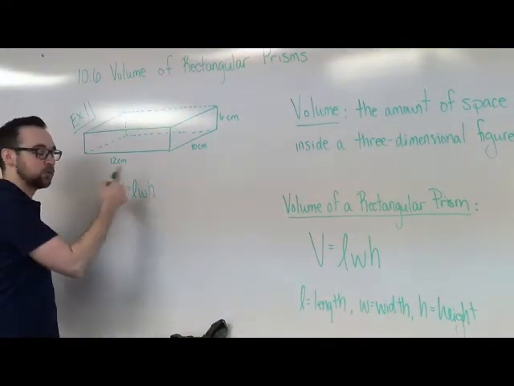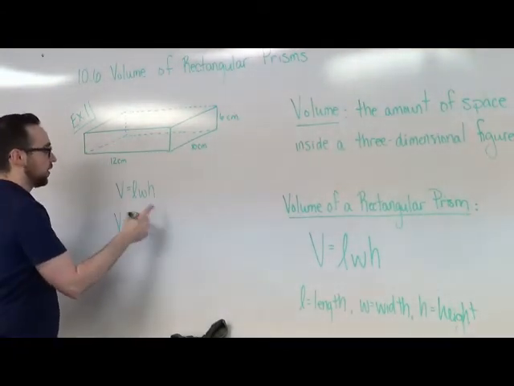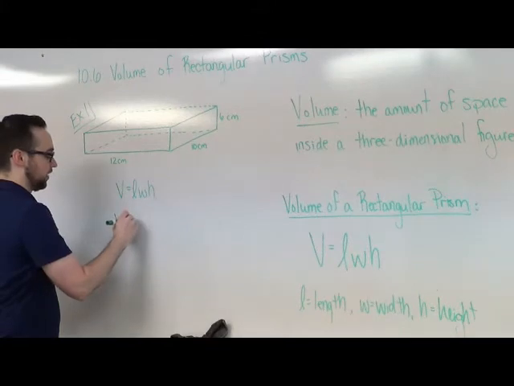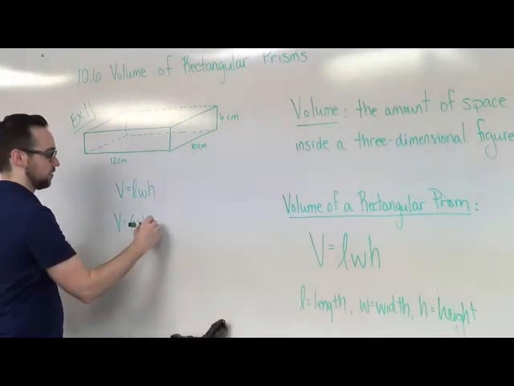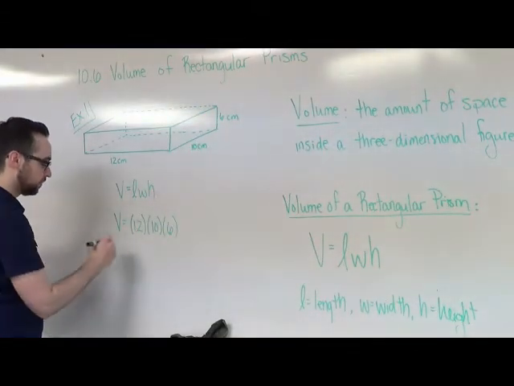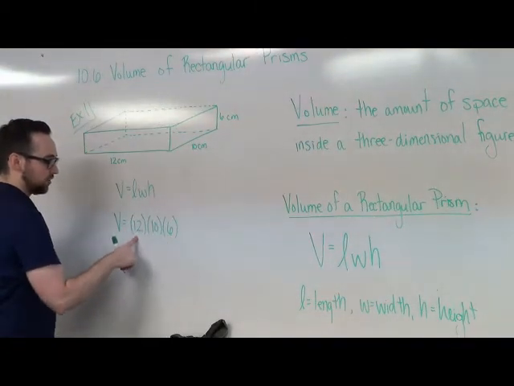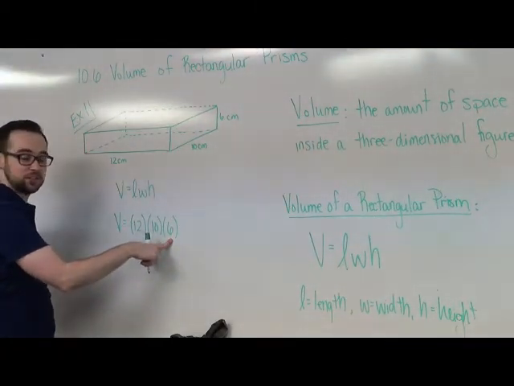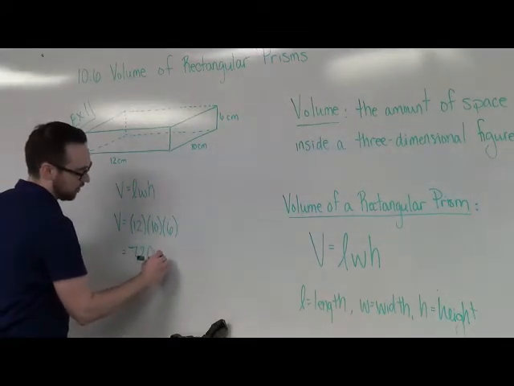It doesn't matter which one gets multiplied first, they're all being multiplied. So I'm going to label them as 12 is my length, my width would then be 10, and my height would be 6. So we have 12 times 10 times 6. Well, 12 times 6 is going to be 72, times 10 is going to be 720 centimeters.